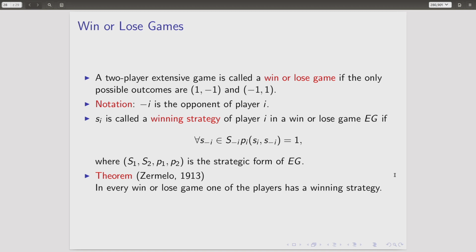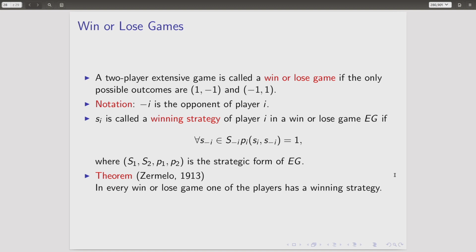Now, a winning strategy is the one which, no matter what the opponent chooses, you always get payoff 1. The definition says that S_I is a winning strategy for player I if, no matter what the opponent chooses, so any S'_I, the payoff for player I is still 1, which is just formulating in these concepts what everybody would guess.